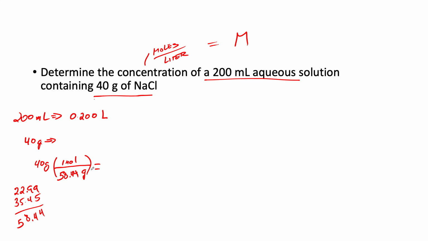We take 40 grams divided by 58.44, and we're going to get 0.684 moles of NaCl. And remember, 0.684 moles, and we have a total volume of 200 milliliters, or 0.2 liters.